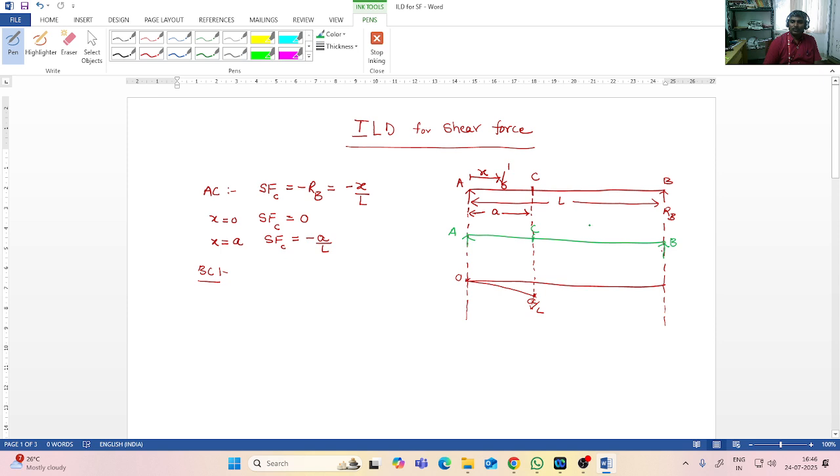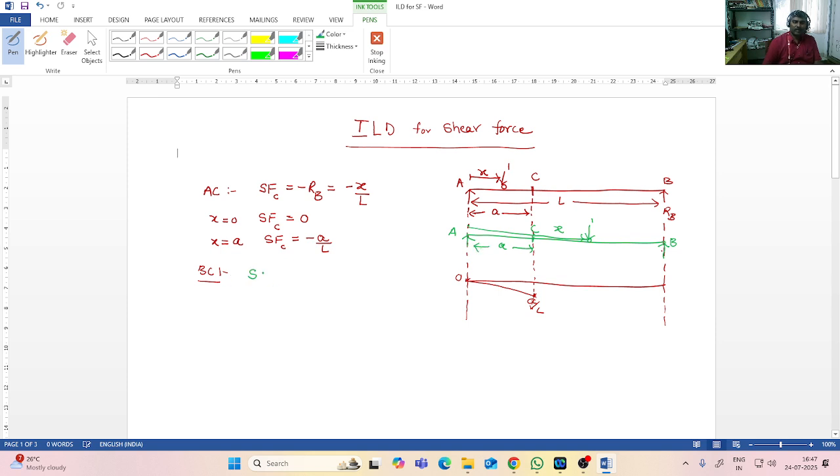Now the load position is between C and B, anywhere. And again, the unit load is located at a distance x from A, and the section is located at a distance a.